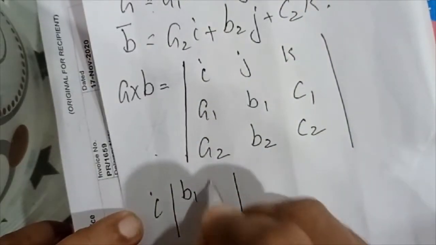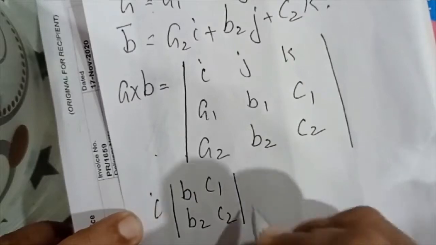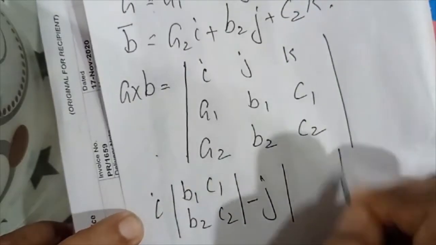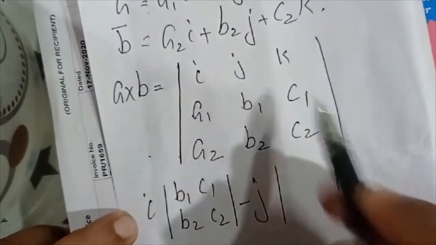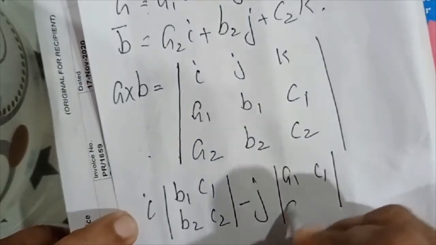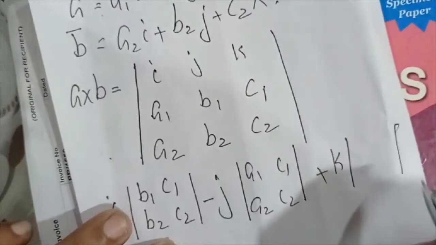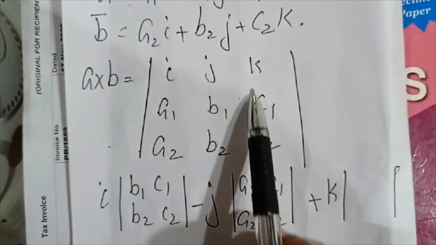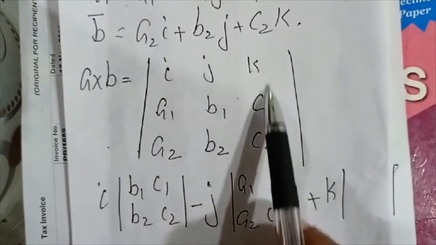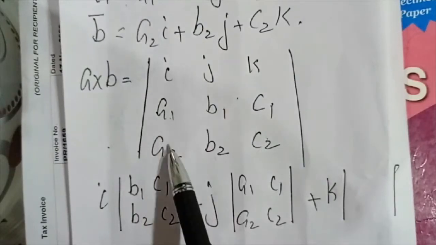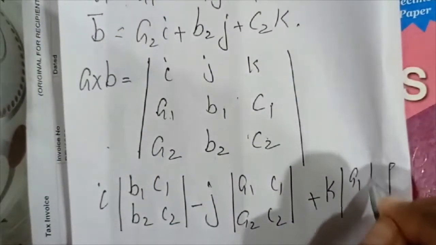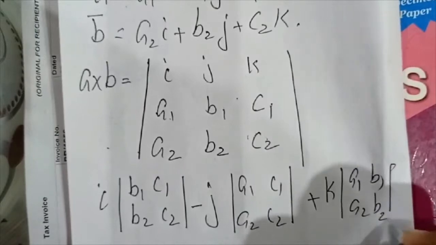That is B1, C1, B2, C2 minus j into its minor, A1, C1, A2, C2, plus k into its minor. Say the answer, k into its minor. When you delete the elements containing k, that is A1, B1, A2, B2. Now all of you know how to expand a determinant.